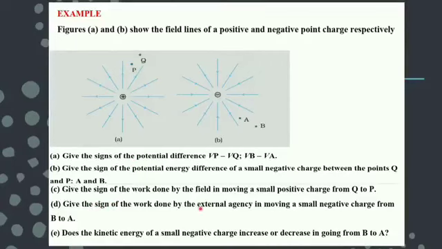Give the sign of work done by the external agency in moving a small negative charge from B to A. Now you are bringing the negative charge from B to A, so again it is going to be positive because you are moving in the same direction of the field.